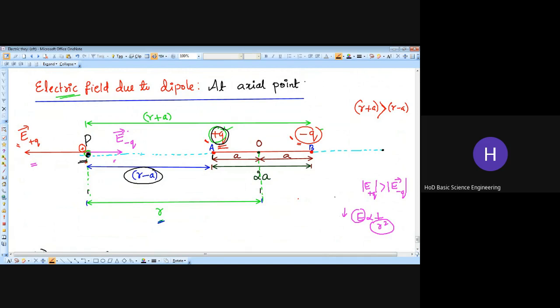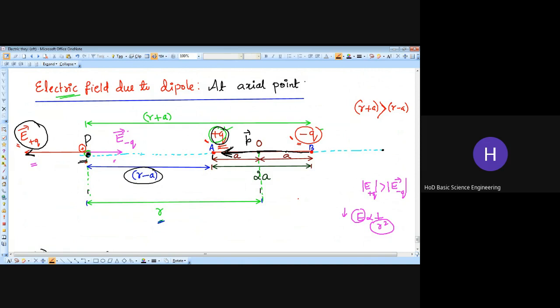Minus to plus. Therefore, here if you consider electric dipole moment, the direction will be from negative charge to positive charge. Therefore, minus to plus. Along this direction, the electric dipole moment is acting. Now, if you consider this E plus Q, that is also acting in same direction, right?